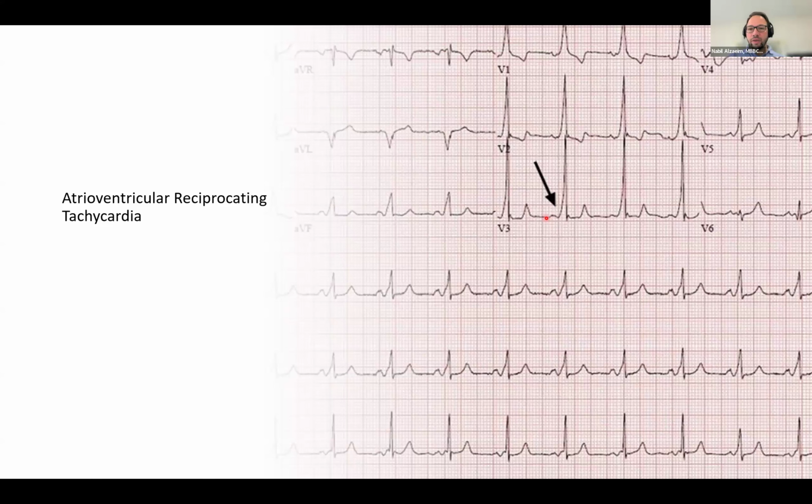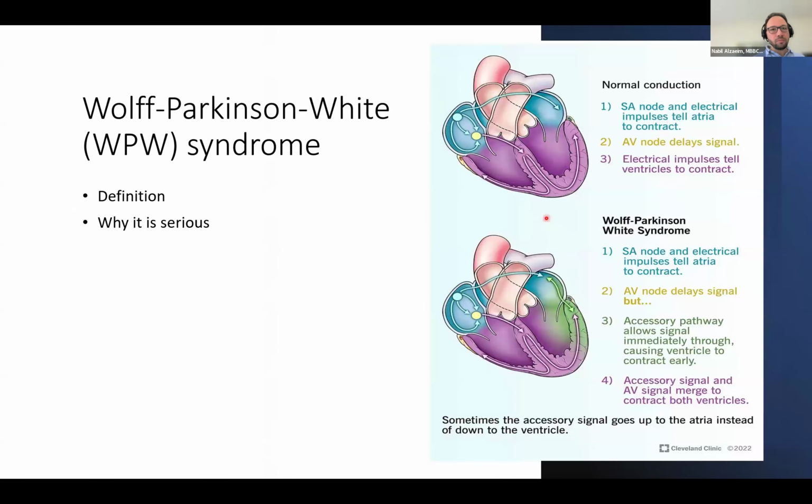Early ventricular activation over the accessory pathway causes shortening of the PR interval, and the initial part of the QRS complex is slurred because of premature ventricular depolarization in the myocardial tissue adjacent to the accessory pathway. This is Wolff-Parkinson-White syndrome, defined by symptomatic AVRT with evidence of pre-excitation on resting EKG.